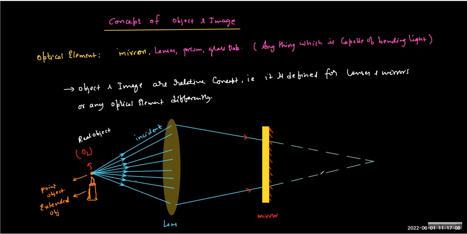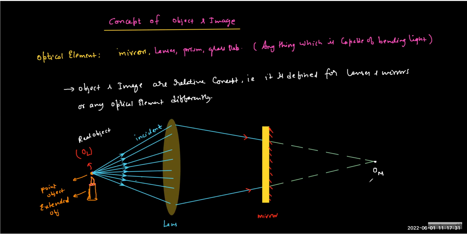We have to make the light rays meet, either by tracing back, but if that fails, we extend them forward and let them meet virtually. Therefore this point is called the object for the mirror.